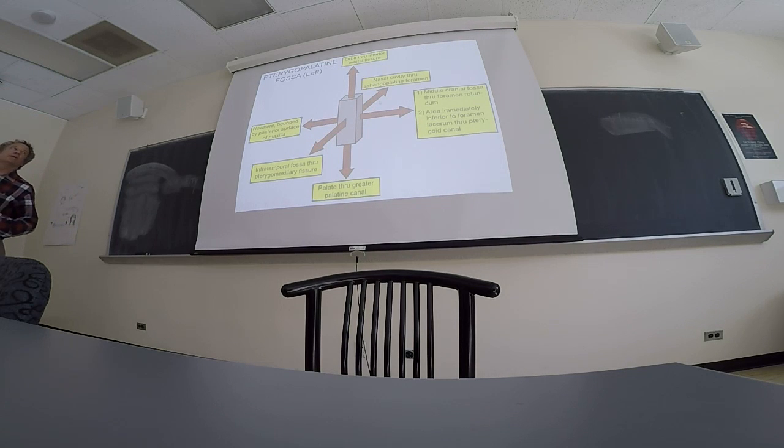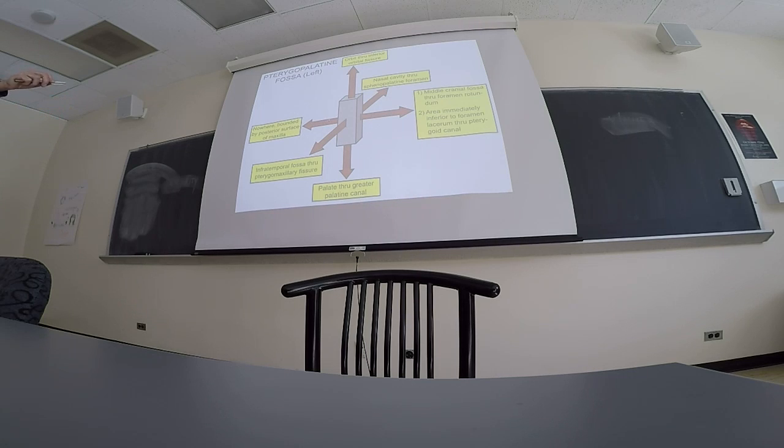Just to remind you, here's this diagram of the sphenopalatine fossa. Okay, so posteriorly, here's the posterior area back there. Medially is the nasal cavity. Down is something we'll see a little bit later, something called the palatine canal. You go upwards, you end up in the inferior orbital fissure. And then there's not much going forward because you've got the maxilla here.